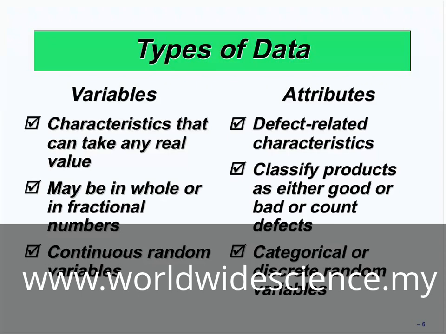But another type of data is called attributes. Defect-related characteristics classify products as either good or bad or count defects. Categorical or discrete random variables. All of this means the attributes cannot be measured directly, and we cannot directly allocate them a value.